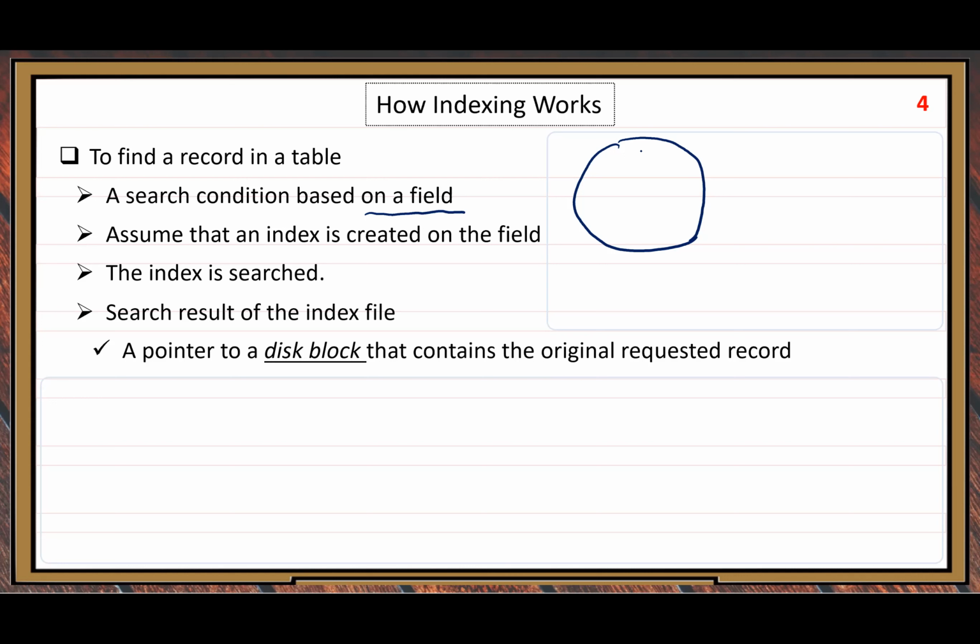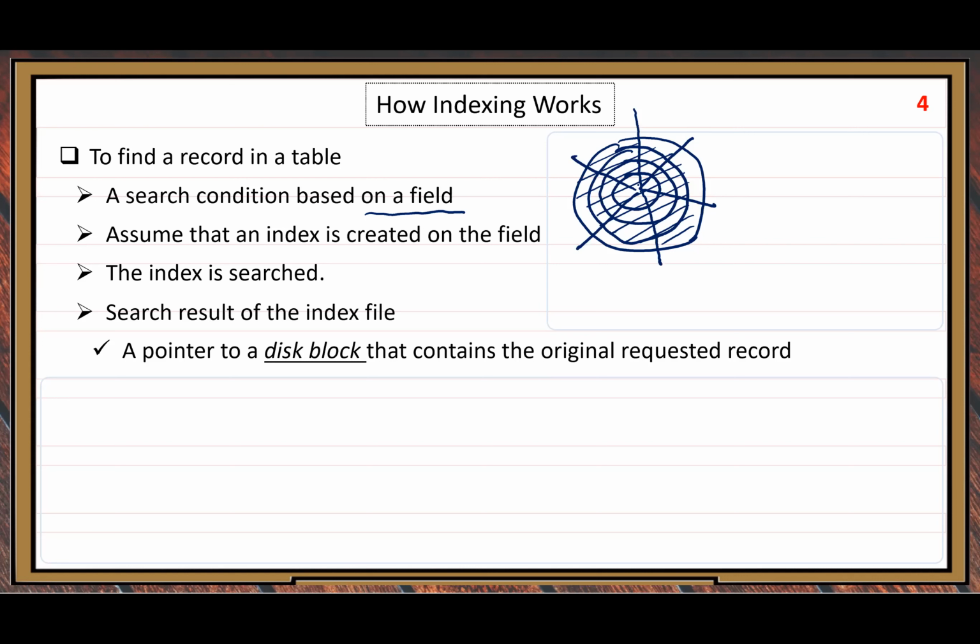Let's assume this is a disk, a two-sided disk with many slices, and we store data in many concentric circles. Then it's also divided into sectors like that.